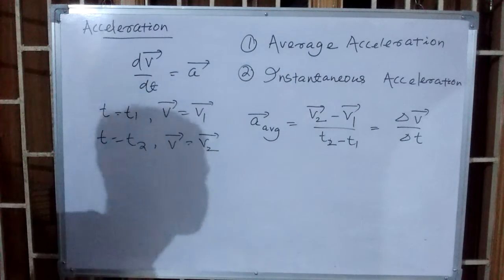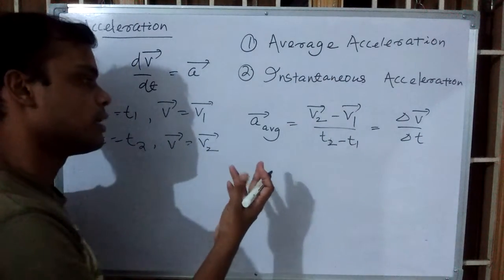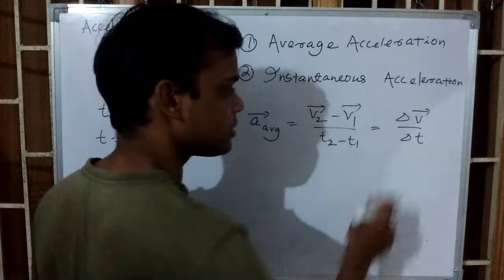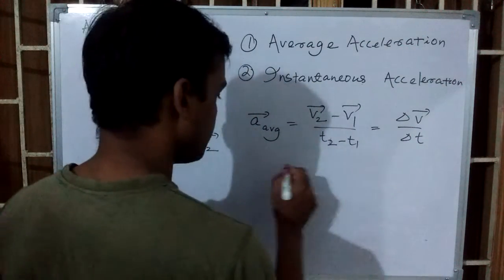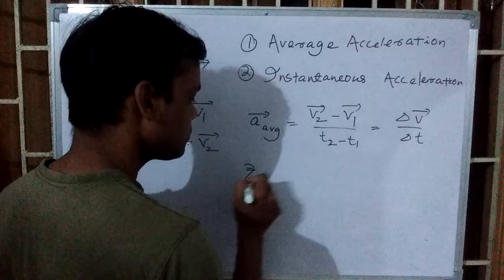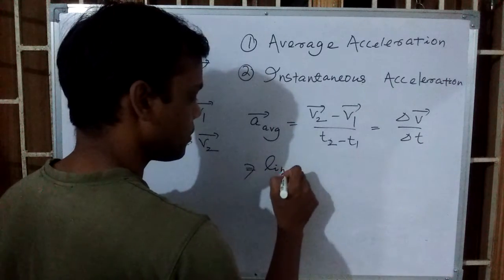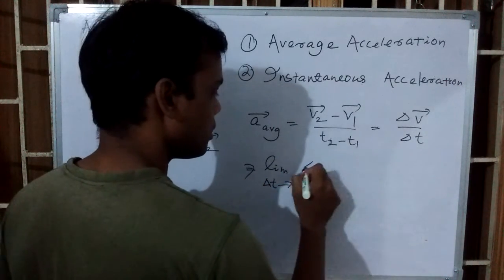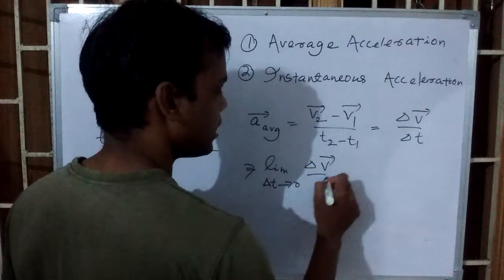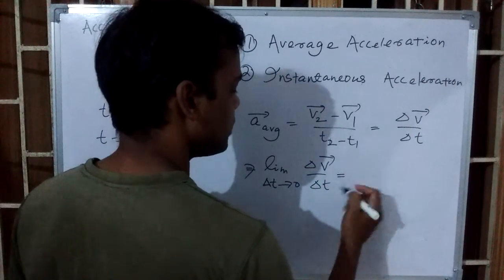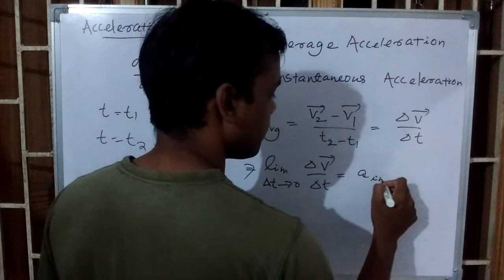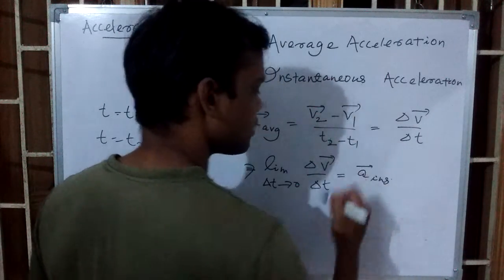Now if I want to know what is the instantaneous acceleration, that means I have to squeeze this del t to 0. That means limit as del t tends to 0 of del v by del t is equal to instantaneous acceleration.